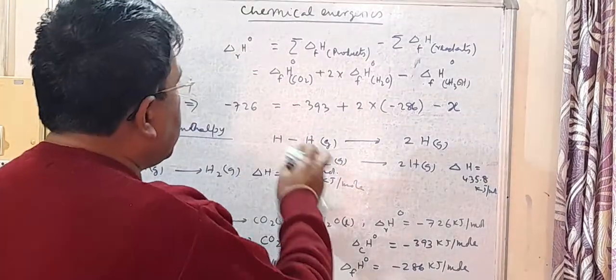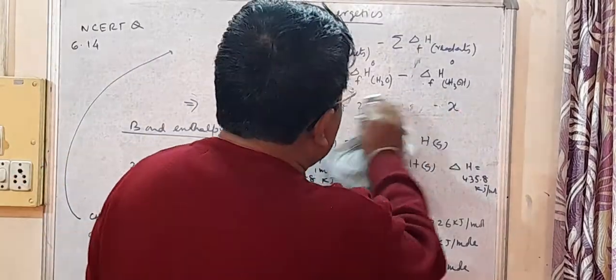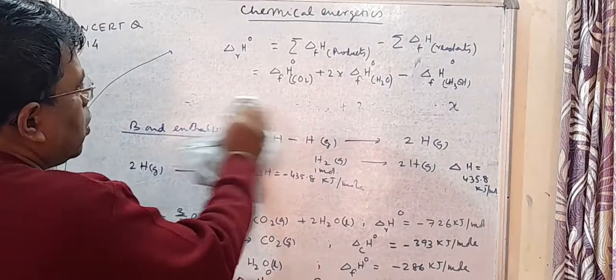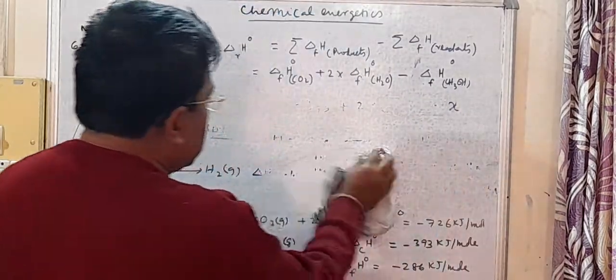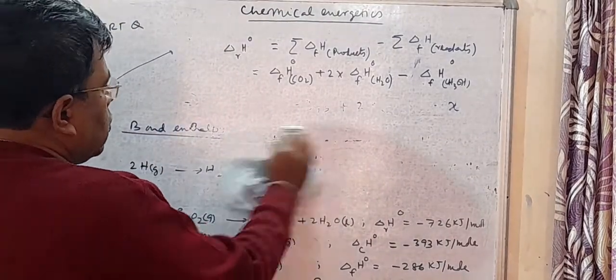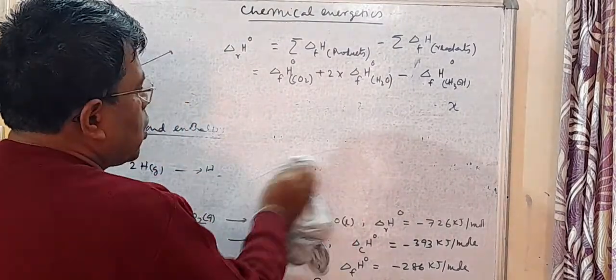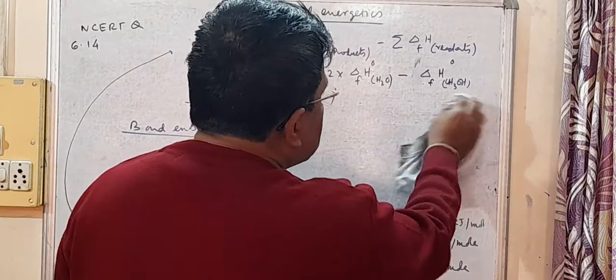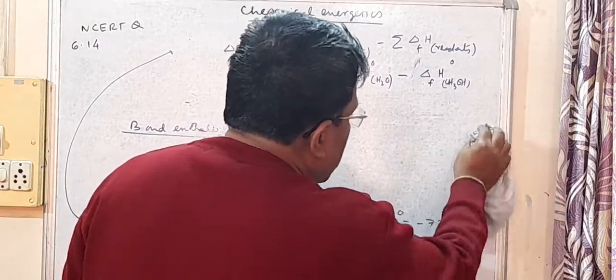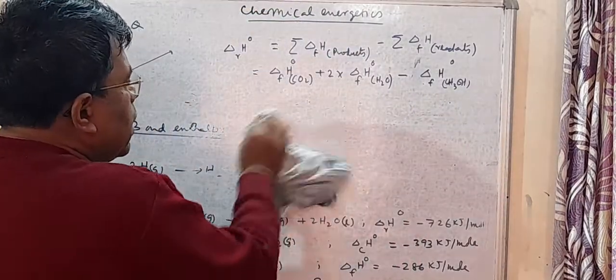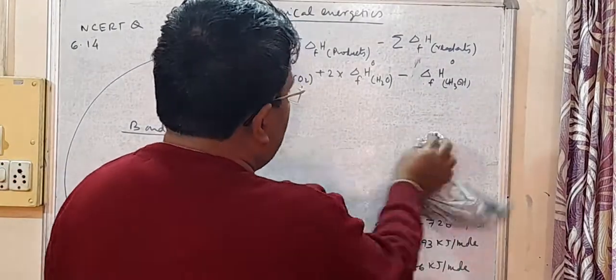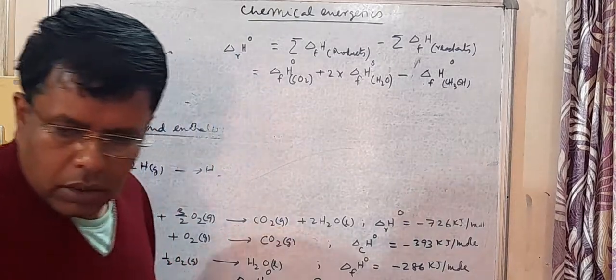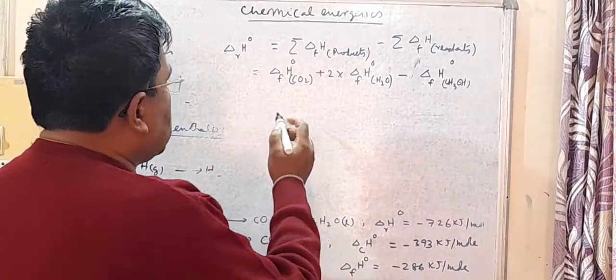That relation I am giving. How to calculate the enthalpy of reaction from bond enthalpy data. So the relation will be this one.